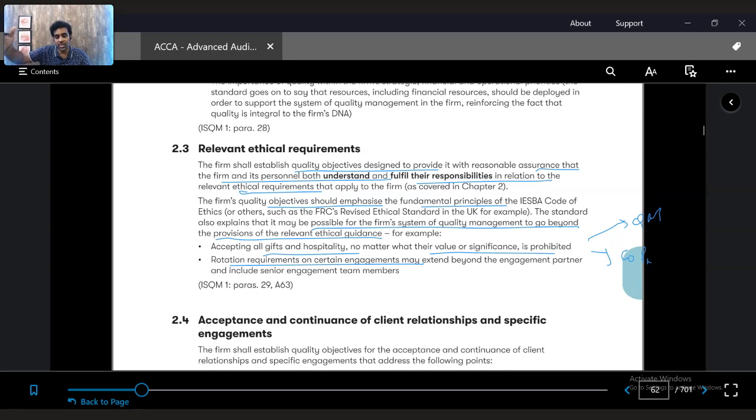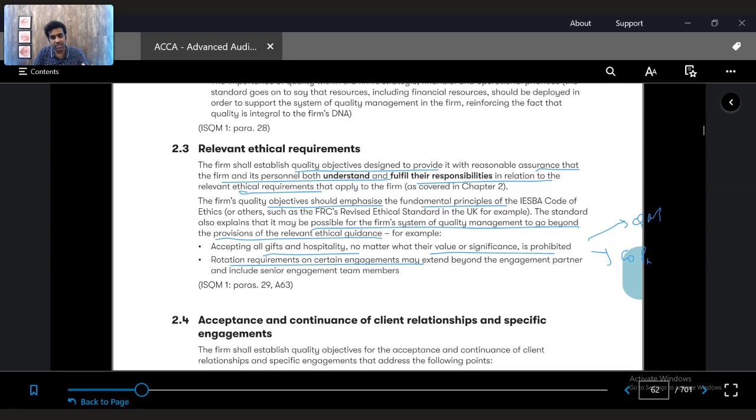And proper safeguards have to be established. For you to obtain additional professional marks and technical marks, you have to explain the significance of that ethical threat, apply the safeguards, and talk about the quality management as well.